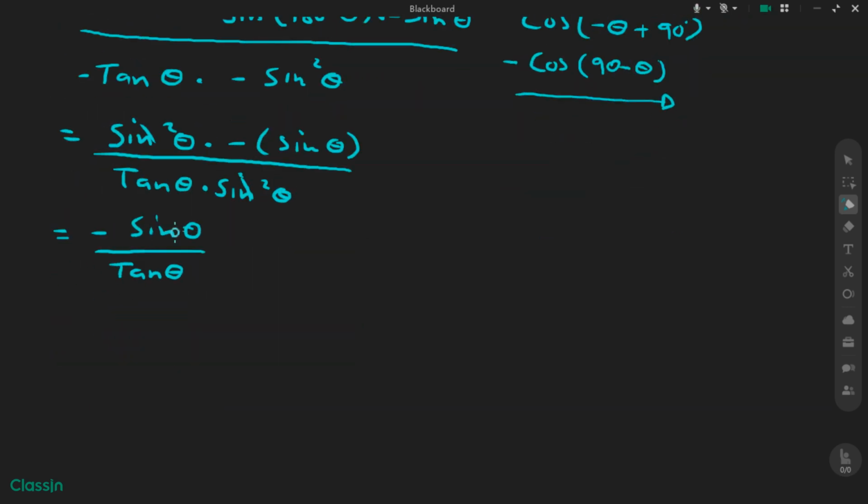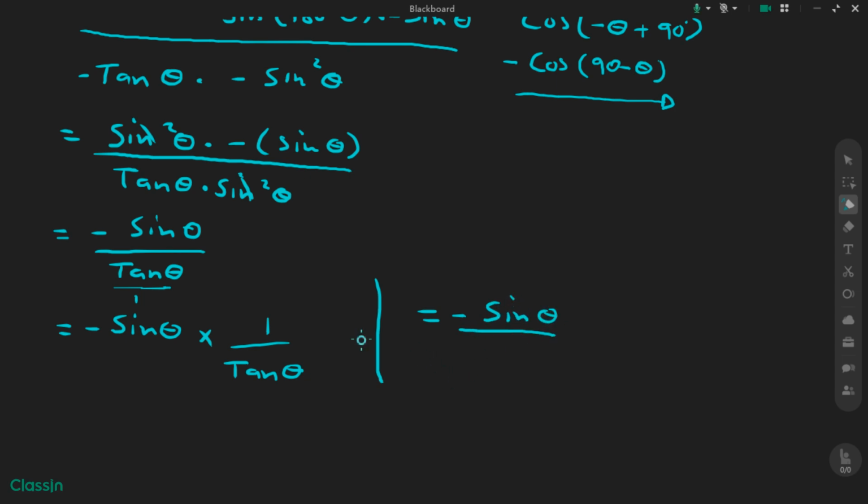So this is the same as negative sine theta, and remember that this is the same as divided by 1. We change this one from division to multiplication. We have 1 over tan theta, or negative sine theta divided by tan, which we said is the same as sine theta over cos theta.